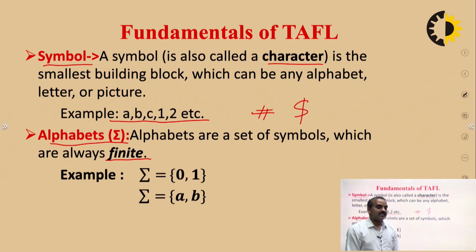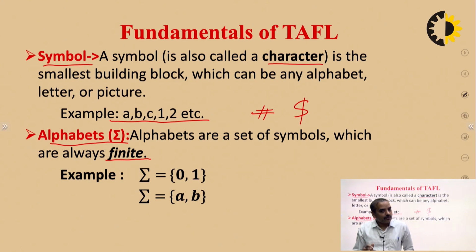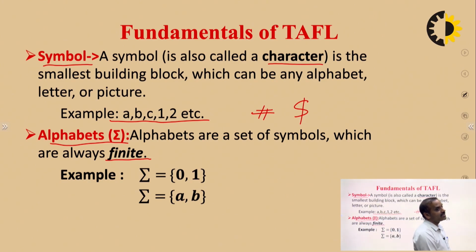So, the string must be finite, as well as the input symbols, because I want a result, and for the result, the input must be finite. If the input is finite, then we generate the output also as finite.